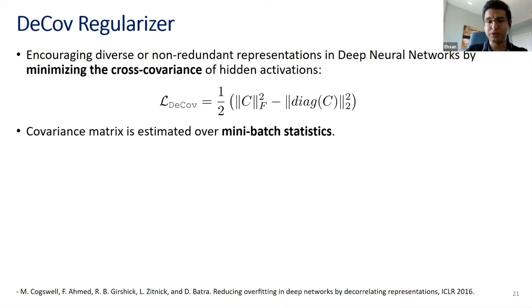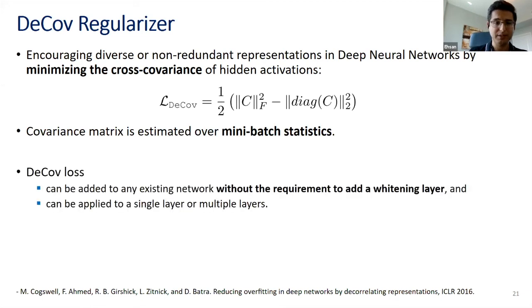As a result, we're going to come up with a whitened covariance matrix. And the covariance matrix here is calculated over the mini-batch, so based on the mini-batch statistics. As I mentioned, the great thing about this method is that it doesn't need any whitening layer and can be applied to a single layer or multiple layers.